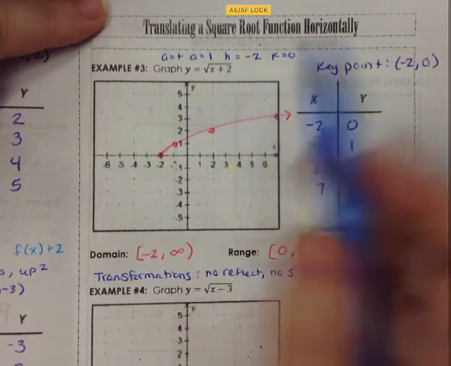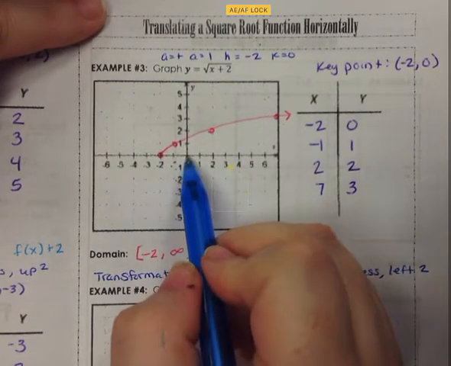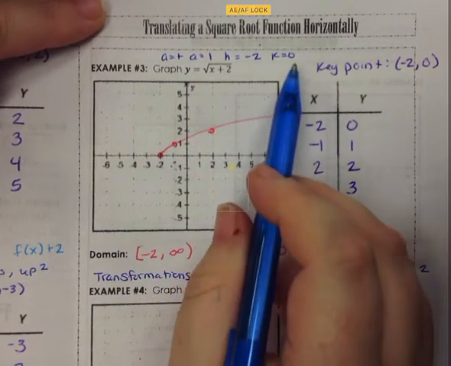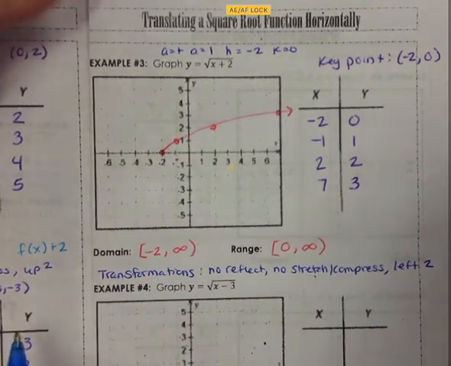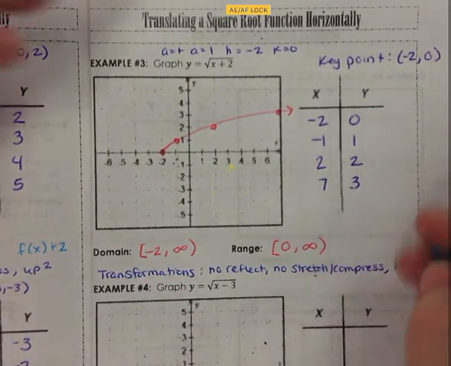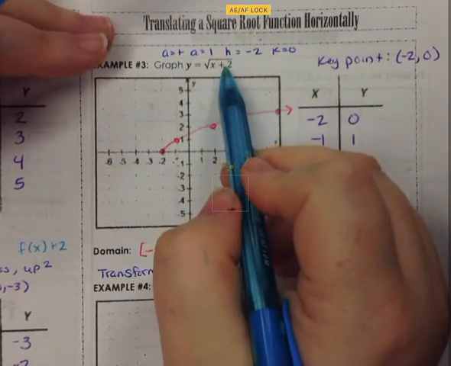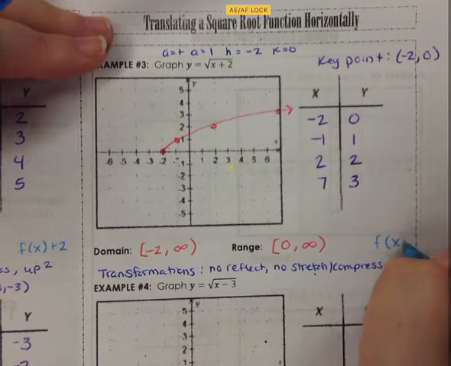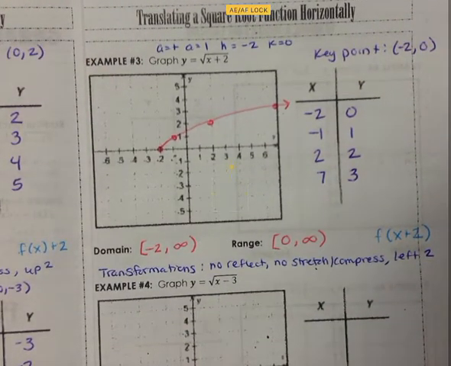We go left 2, and if you look at the graph from 0, 0, it went left 2. But it does not go up and down from 0, 0. So that makes sense. And then for our function notation, we would write it as f of x, and because the plus 2 is inside with the x, it would be plus 2 inside with the x. That's our function notation.